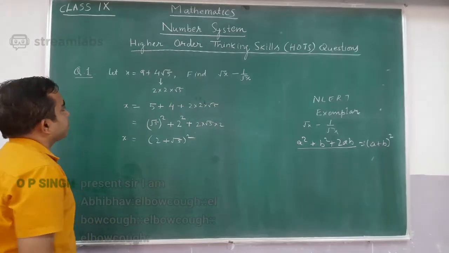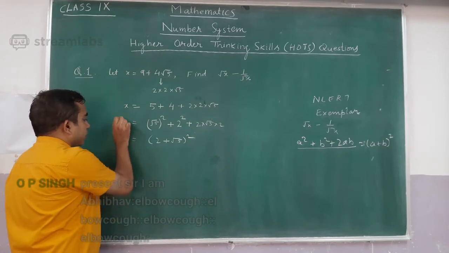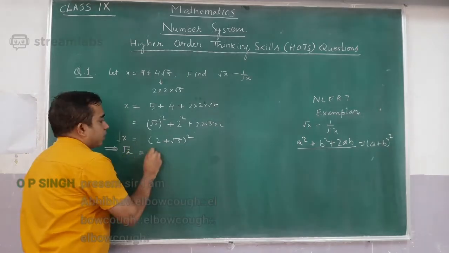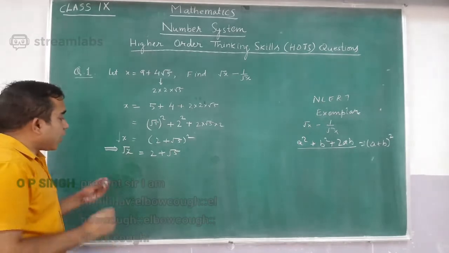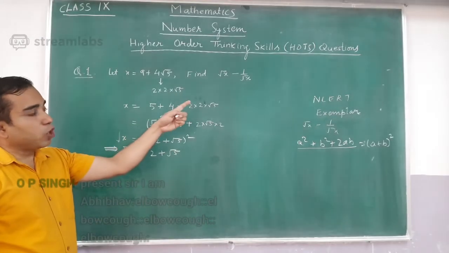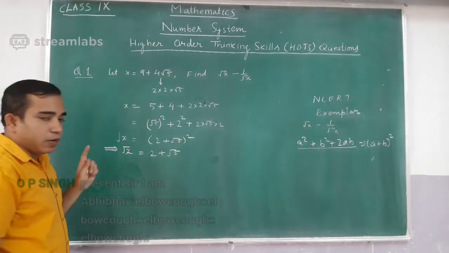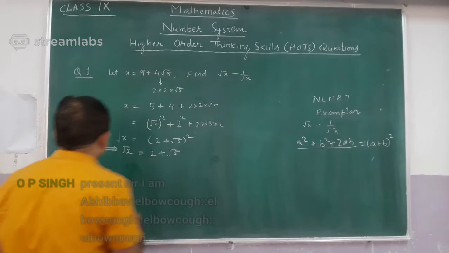Students, this is x. Now when I find root x, it will be nothing but simply 2 plus root 5, isn't it? Now from here, finding 1 upon root x is also essential for us. It won't be difficult. Let us see what 1 upon root x will be.